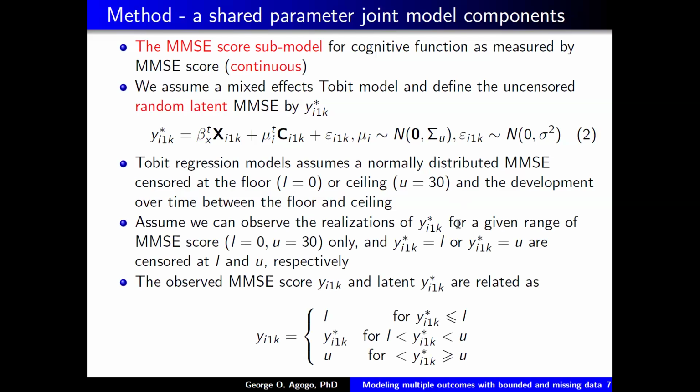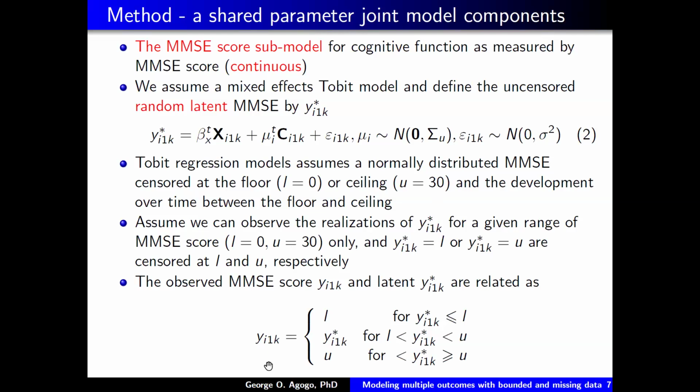Now we've talked about the latent MMSE score and what we are observing. We are relating what we observe, the Y without the asterisk, and the latent, which is the Y with the asterisk.